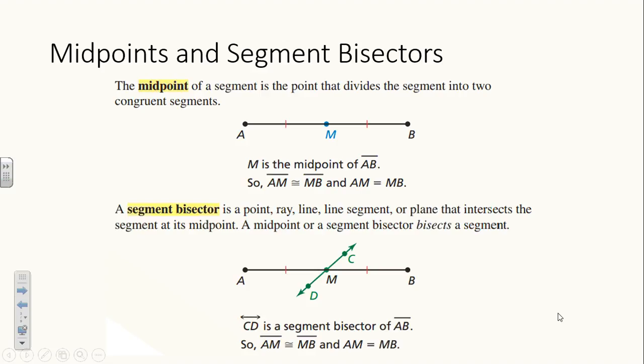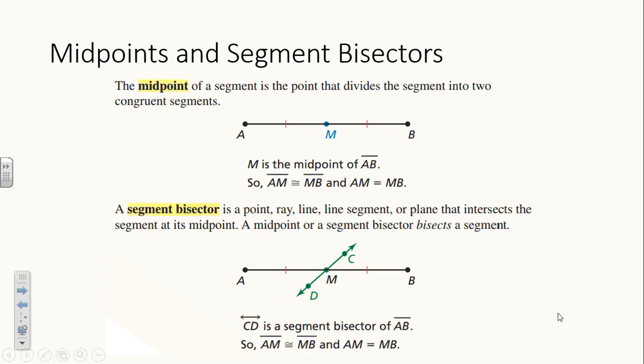In this case, what figure is the segment bisector here? A line. What's its name? We could call this line MC, or we could call it line MD, and we can reverse the letters, right?